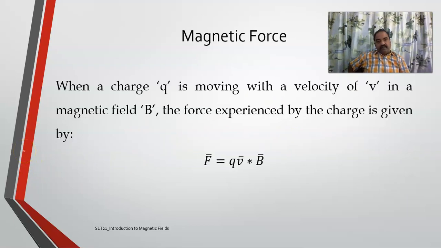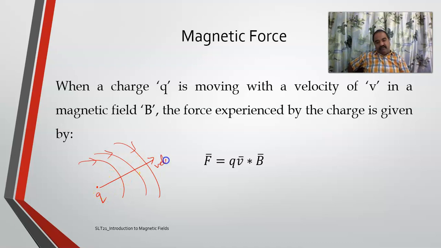Okay. Now we'll close this session with a quick introduction to magnetic force. Suppose there is a magnetic field in this direction. Now if I take a charge and move it in this direction with a velocity v, and this is the direction of v, the force experienced by this charge is given by F bar is equal to Q, V bar cross B bar.